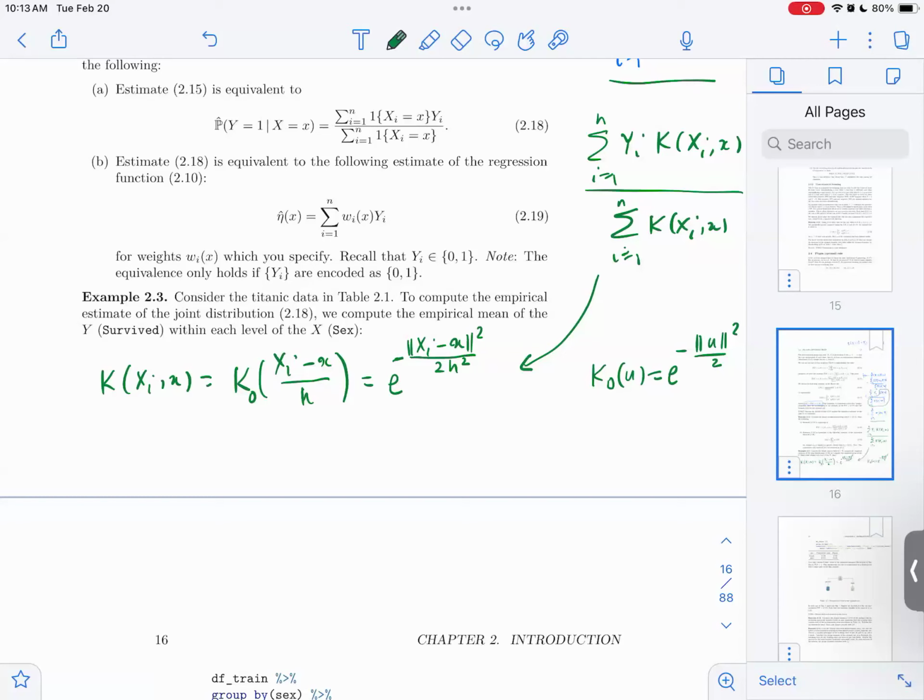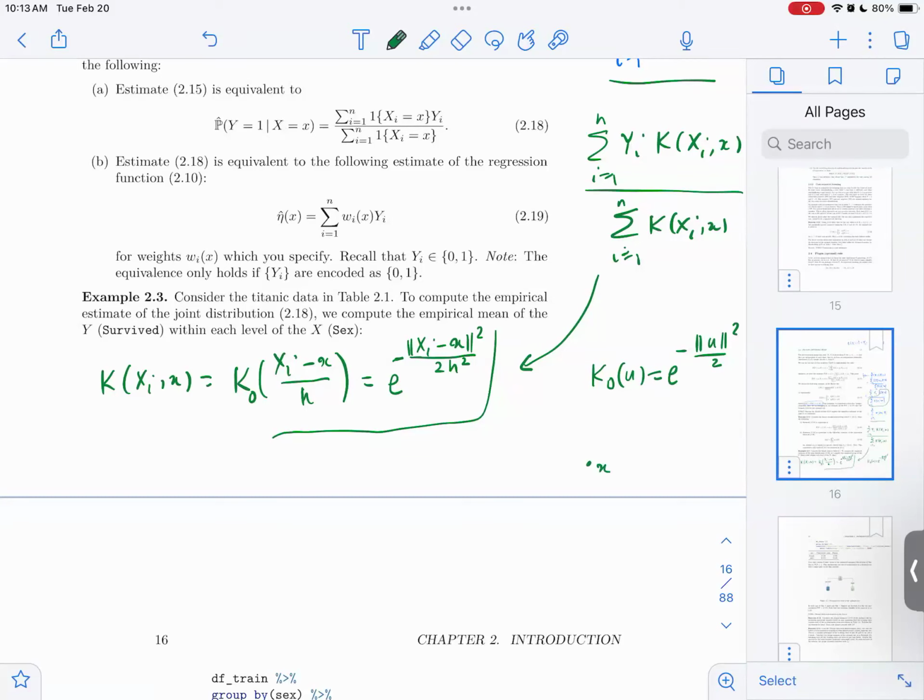And you can see this kernel: if little x is exactly equal to xi, the norm is going to be 0 and the kernel is going to be 1. If they're very far apart, this norm is going to be big, and so this is going to be very small. So if you plug in this kernel, you can call this local averaging because it averages the yi's that are close to little x. It's actually averaging over everything, but it puts more weight on the points closer to x.